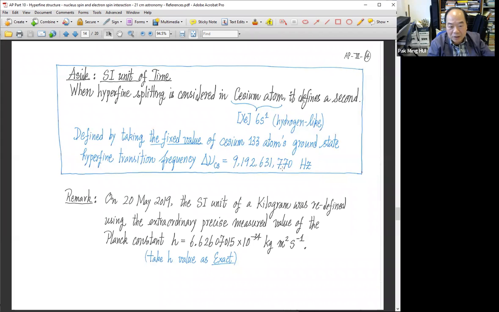As a remark, 2 years ago, on this day, the kilogram was redefined. Again, very quantum stuff, by the most accurate determination of the Planck constant. The definition has to do with taking the Planck constant as an exact value, highlighted here. No more plus minus thing.